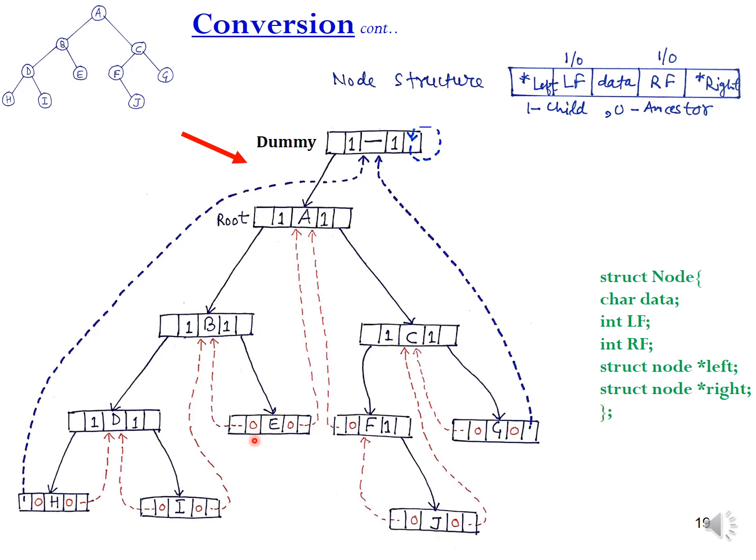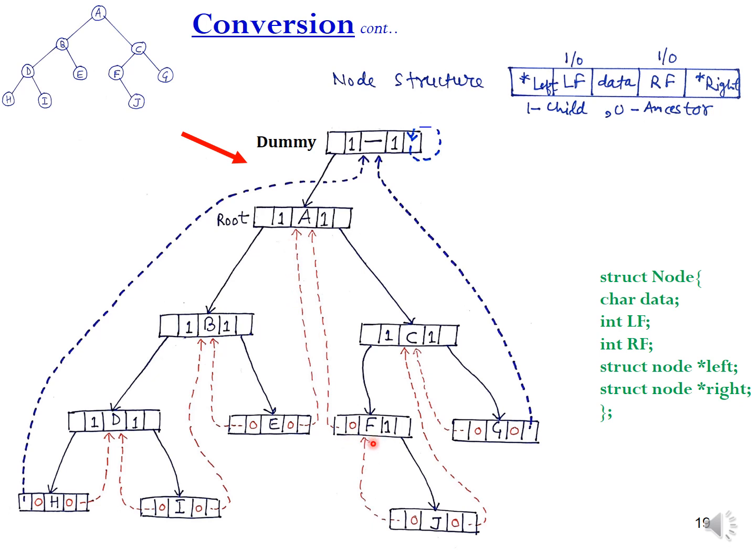It means it has an in order predecessor, an ancestor, and because this is the left pointer, it is pointing to node B, which is the in order predecessor. In the same way, the right flag is 0. It means it has an ancestor, and because this is the right pointer, it is pointing to node A, the in order successor.